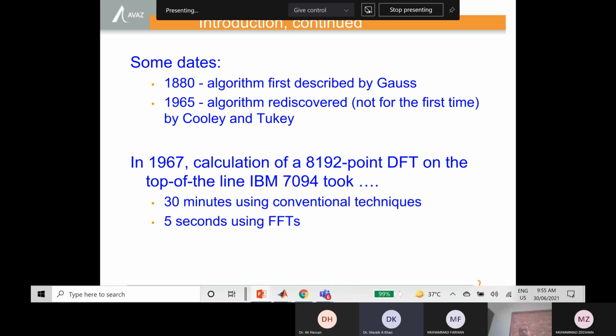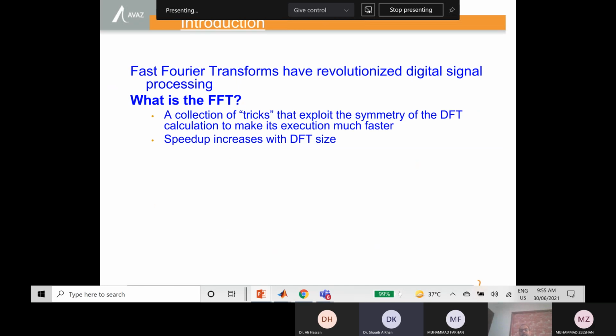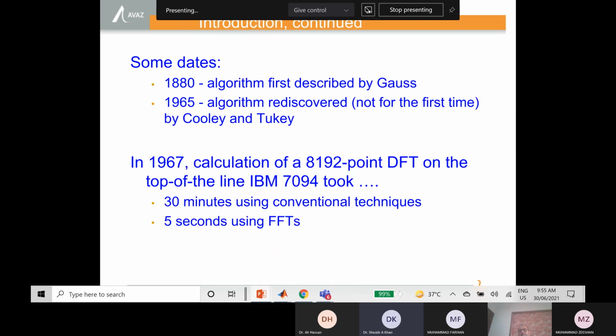Now look, Cooley and Tukey, two scientists, were amazing guys. Using a very simple trick, they showed in 1967 that an 8K point DFT, which would otherwise take 30 minutes to compute, okay, people would go from the university, start the DFT, go eat lunch, and come back and it would still be computing, even if you ate fast food.